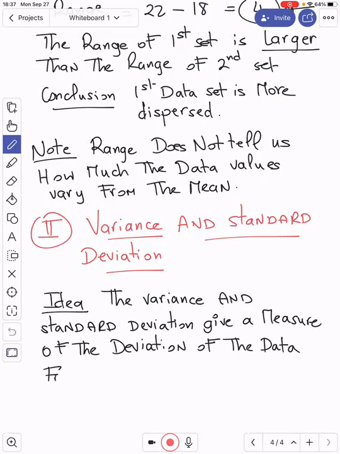And again, guys, the mean is supposed to be the expected value. When we have a data value, a number, what you expect as a number is the mean, the average. That's what you expect. And the variance or standard deviation measure the difference of the data values from the mean.